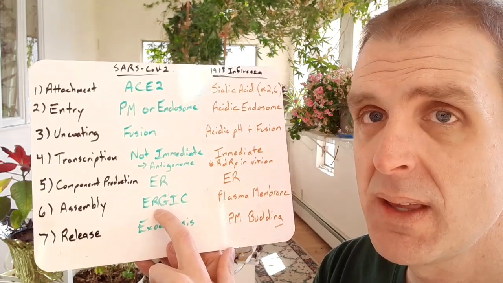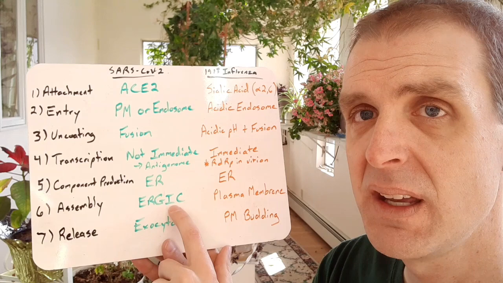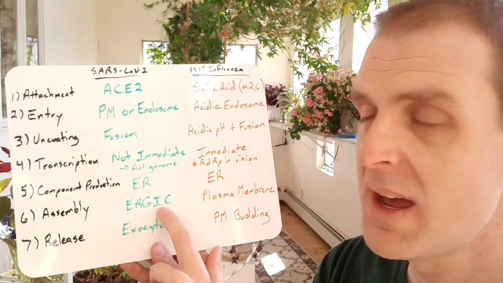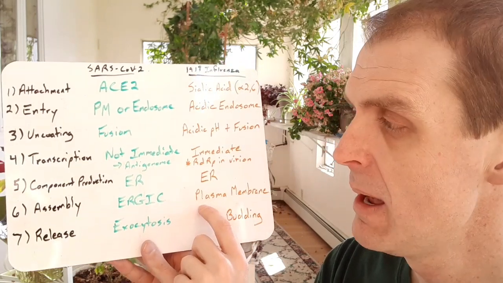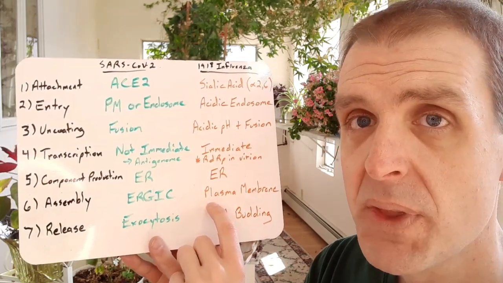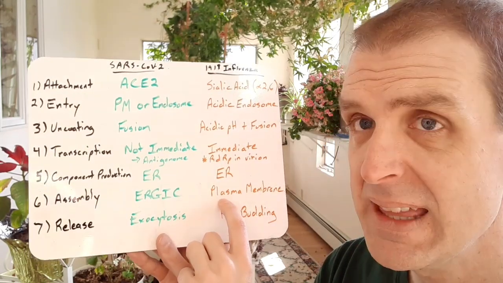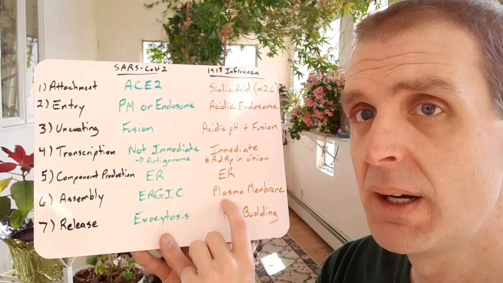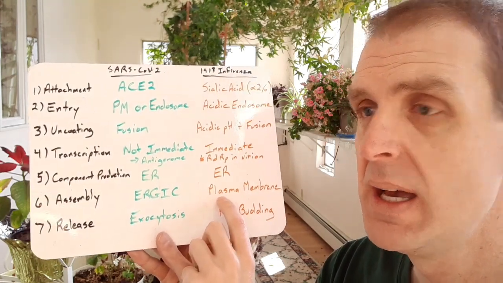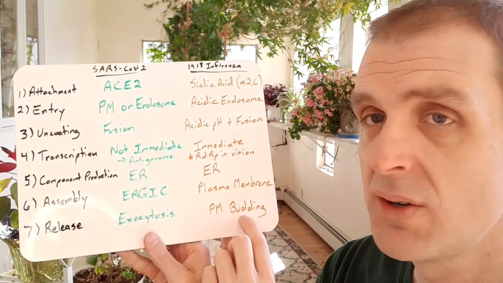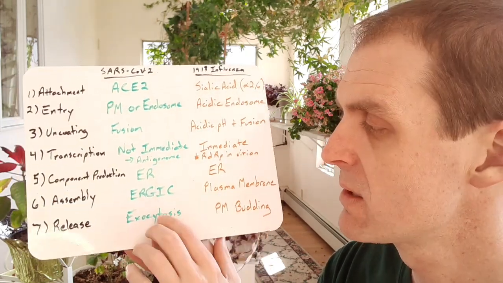Assembly. Between the ER and the Golgi, there's a compartment of the cell called ERGIC, and that is where the coronavirus assembles, whereas with the influenza, the components of the virus mostly make it out to the plasma membrane, and then the genome ends up getting recruited out to the surface of the cell, and that leads to budding of the influenza virus from the cells.